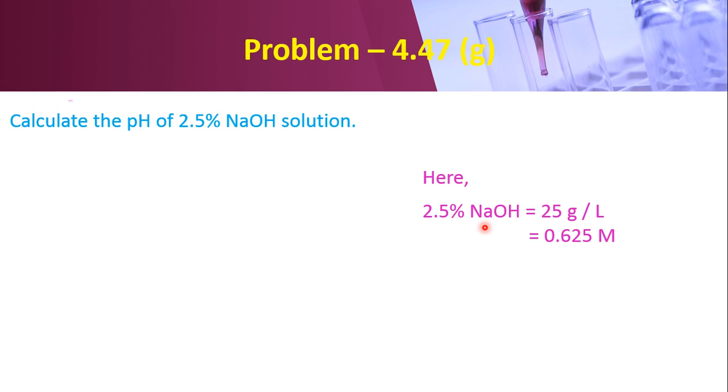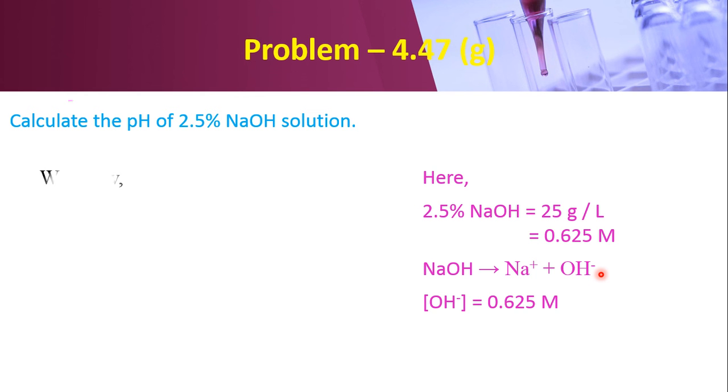So, 2.5% sodium hydroxide equals 0.625 molar sodium hydroxide solution. Sodium hydroxide gives 1 molar hydroxyl ion. So, the concentration of hydroxyl ion is also 0.625 molar.